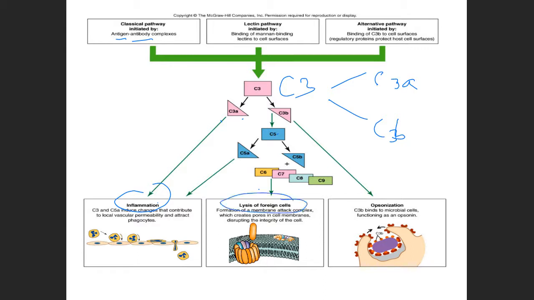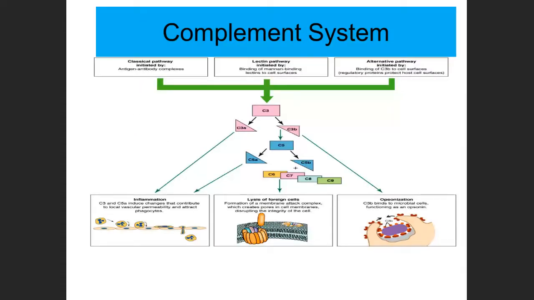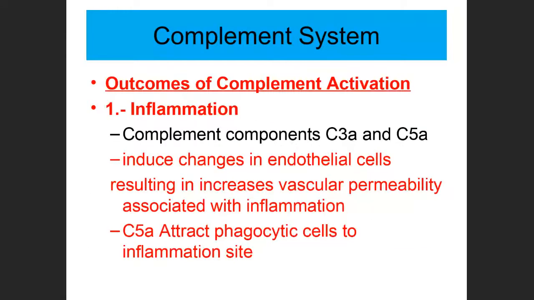Lysis of foreign cells, so the complement itself is going to lyse the cells, and then something called opsonization, which we'll talk about here in just a second. So complement itself could kill a cell by membrane attack complexes, by this method right here. So definitely know the three end results of complement activation.